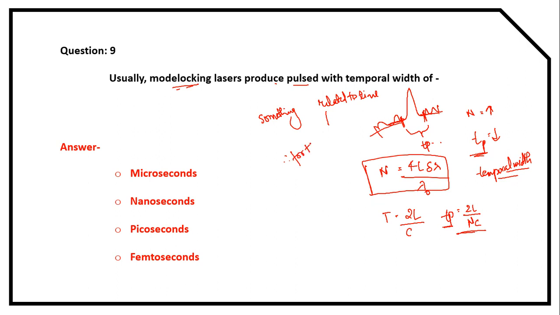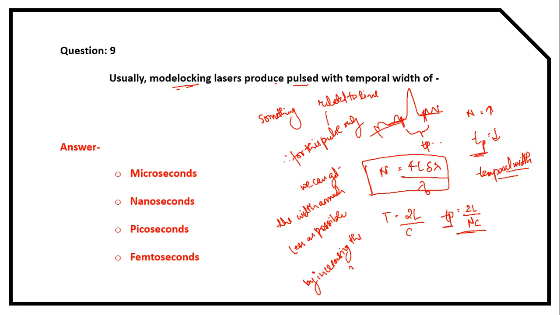Therefore, for this pulse, we can get the width as small as possible by increasing the modes.